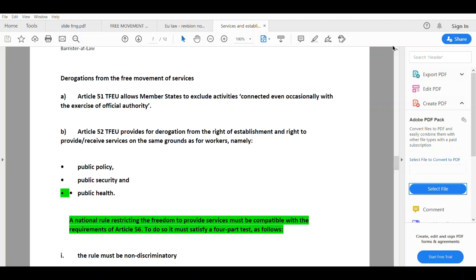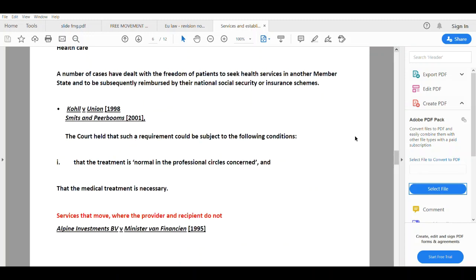Now we'll consider the third category of cross-border activity, which concerns services that move where the provider and recipient don't. For this, we can consider the case of Alpine Investments versus Minister. In that case, the Netherlands had introduced rules which prohibited cold calling for the sale of commodities on the futures markets to non-professional investors.